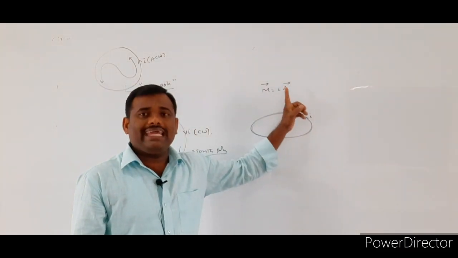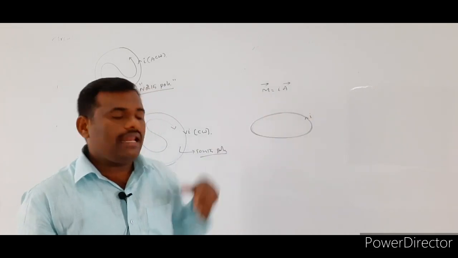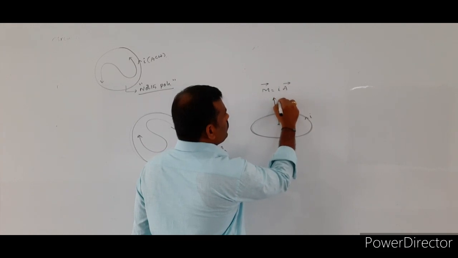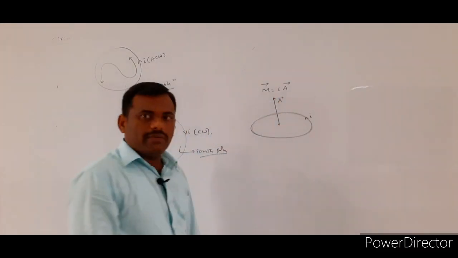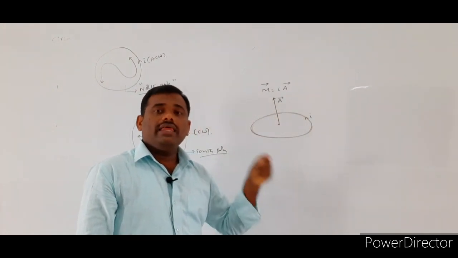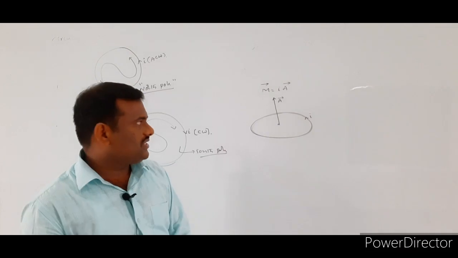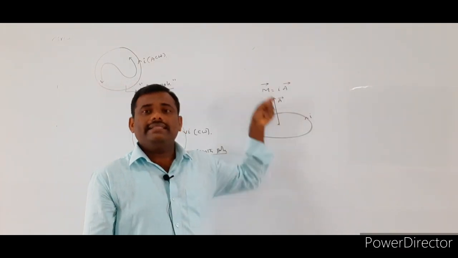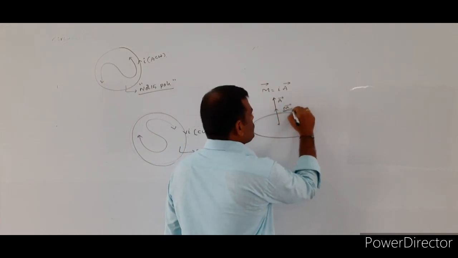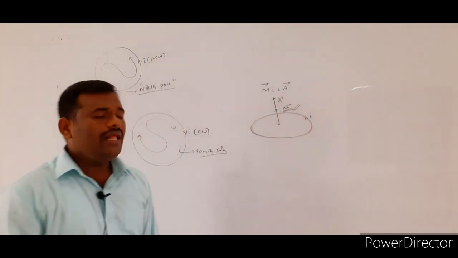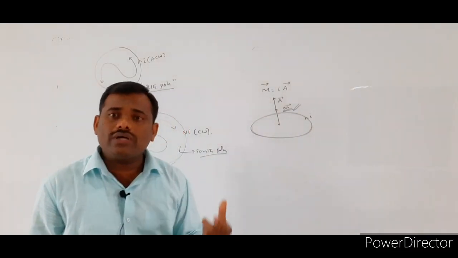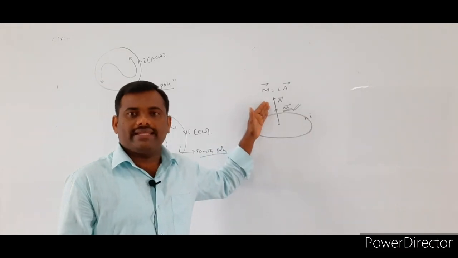Here A bar is the area vector, which is given by the normal to the plane. In the same direction, the magnetic moment also exists. So by using this, we can also calculate the direction of the magnetic moment.